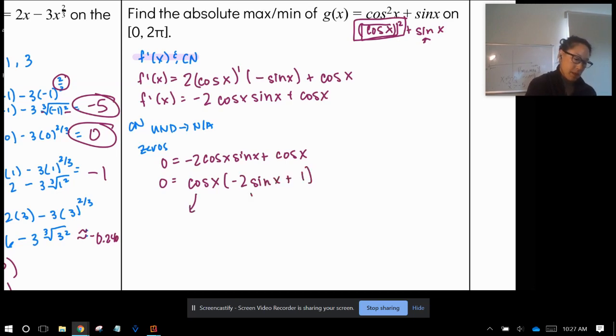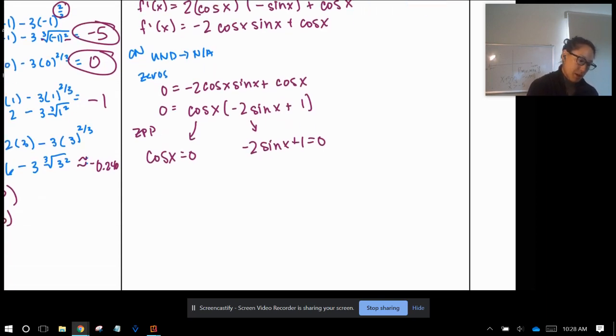And now, since I have factors, I can use the zero product property. So I get cosine of x is equal to 0, and -2 sine x plus 1 is equal to 0.